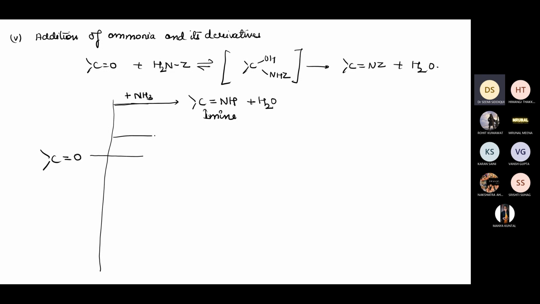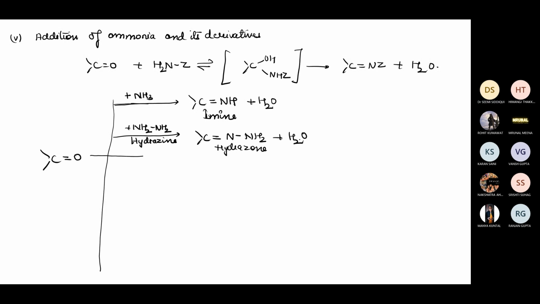Second reaction, say suppose we have taken NH2 NH2. NH2 NH2 is called hydrazine. So it is going to give us the NH2. It is called a hydrazone. Plus water molecule is going to liberate. Then the third one, C6H5 is phenyl group attached to the NH2.